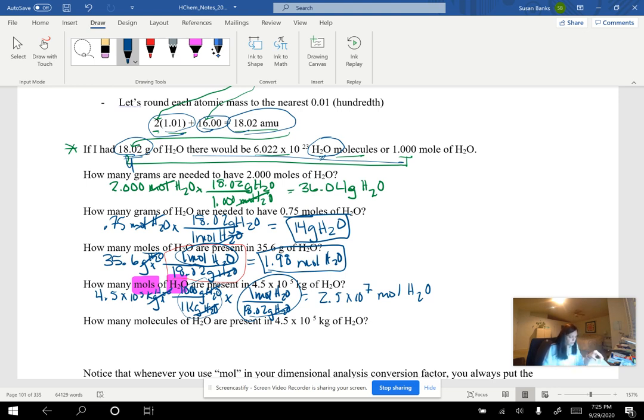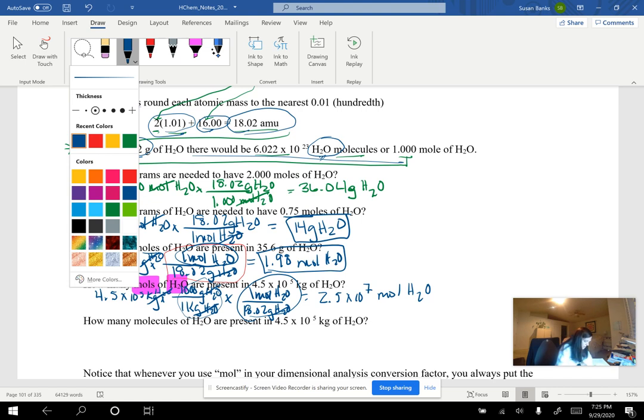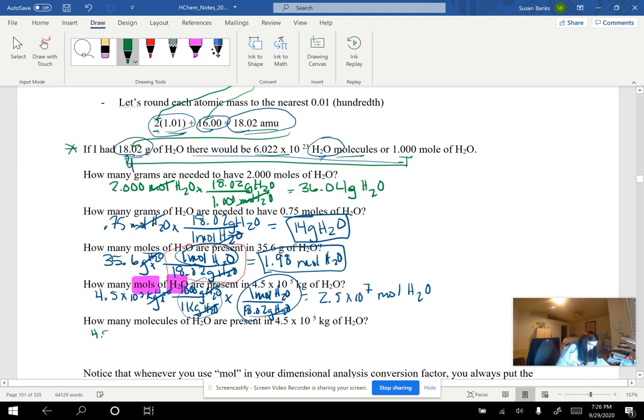And in order to do moles to molecules, I'm going to have to use Avogadro's number. So we're going to have to add yet another step here. So I'm going to do this in another color so it gets a little less busy. So here we go. 4.5 times 10 to the 5th kilograms of water.